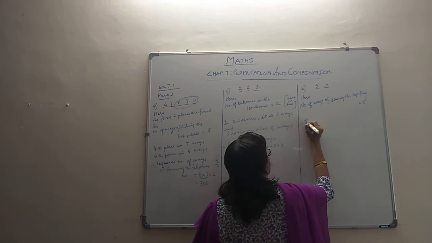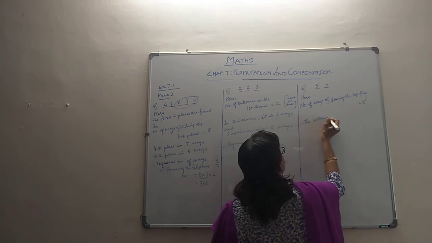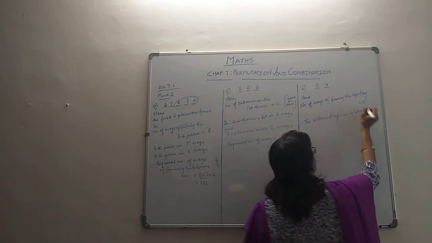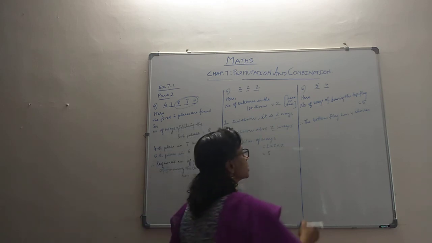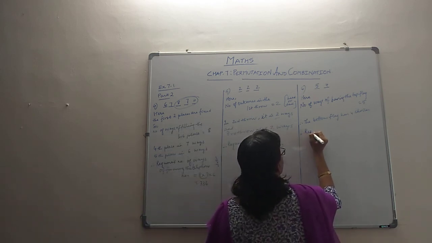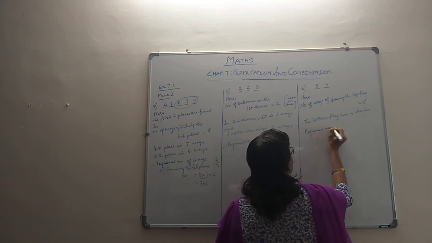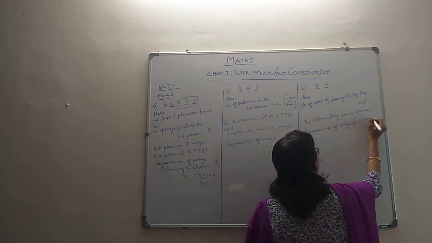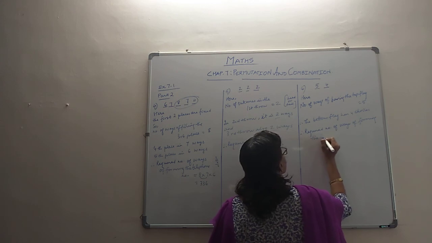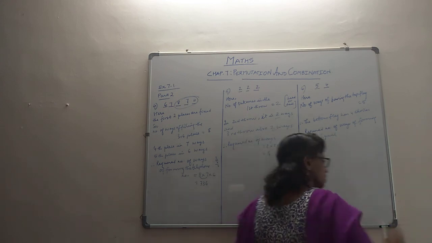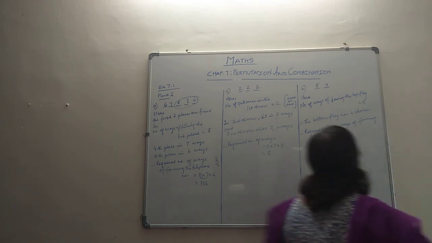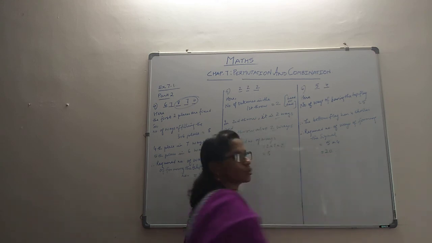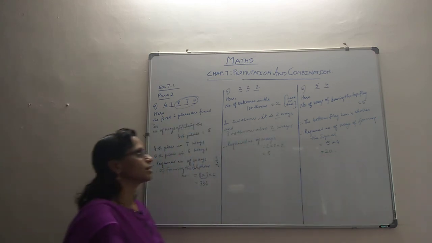Therefore, the bottom flag has 4 choices, because already 1 is filled and you cannot have a repetition in this case. So therefore, the required number of ways of forming the signal is 5 into 4, by the fundamental principle of counting, 20. Total number of ways of doing this is 20. So that's our sixth problem.